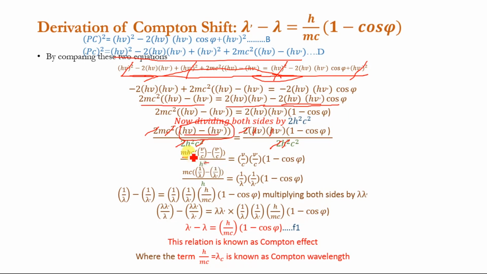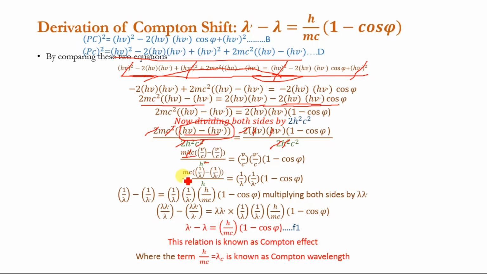This h cancels with this h², and on the left side the right side becomes μ/c. This is c², so we can write this as c·c. So μ/c − μ′/c is equal to (1 − cos φ).